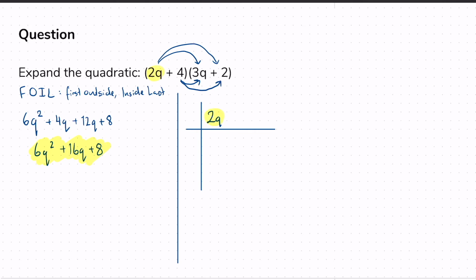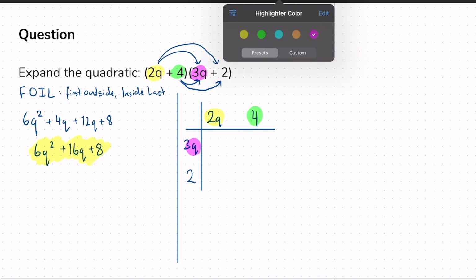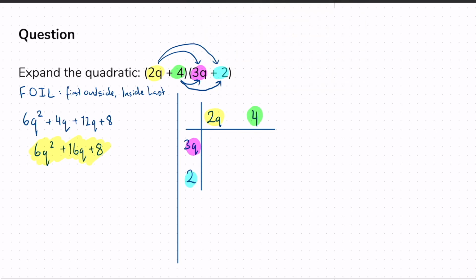Then I've got the 4. So I'm putting each bracket next to each other. Next I've got 3q. Let's make that purple. And lastly, I've got the 2. And let's make the 2 blue.